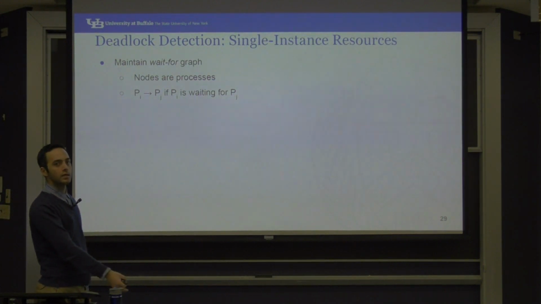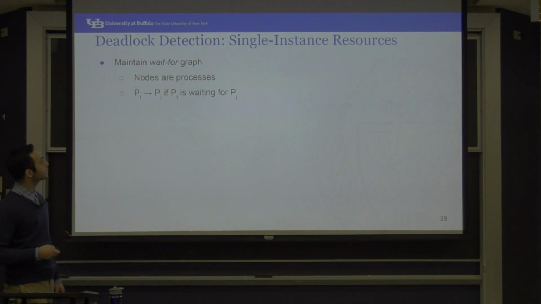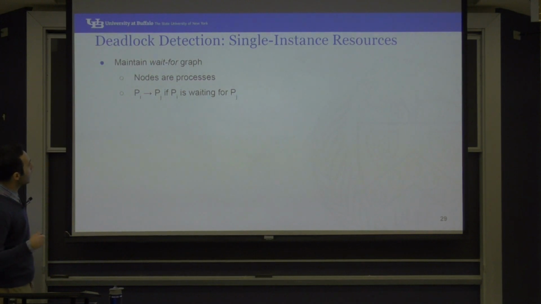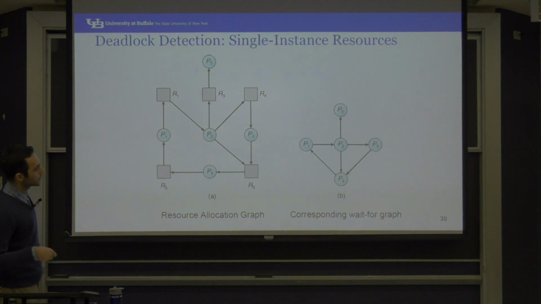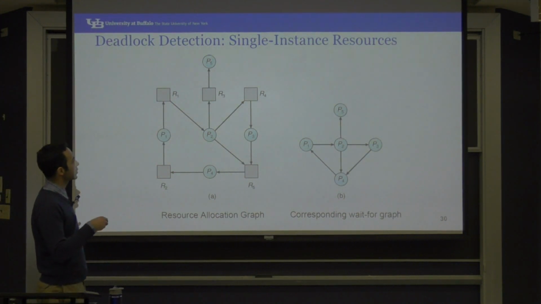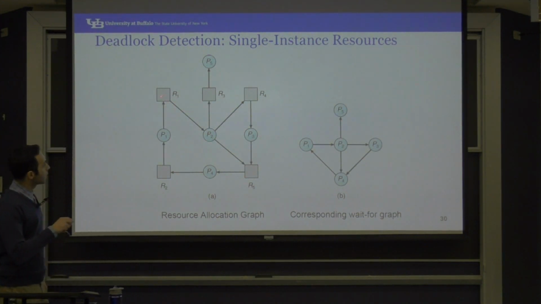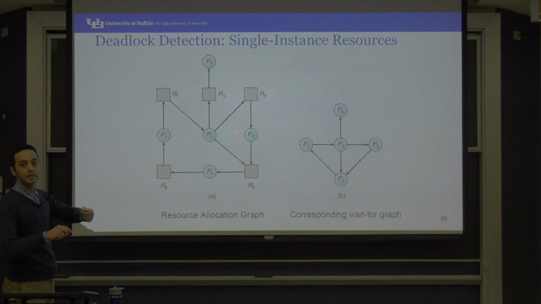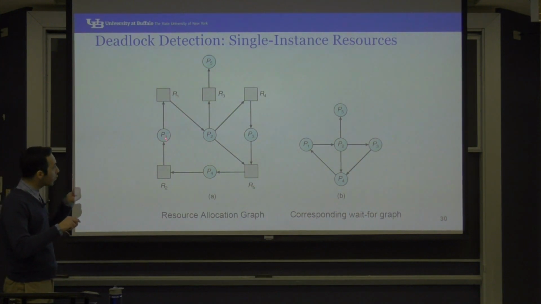That's the example that we went over last session. If Pi is waiting for Pj, it shows that Pj should finish. Remember again, if R1 is a single instance, and it is held by P2, then it can only be released by P2. So if P1 is waiting for R1, it is waiting for P2.